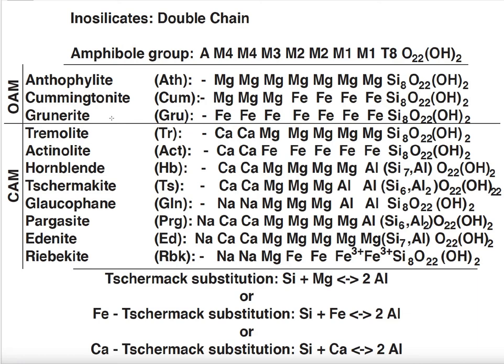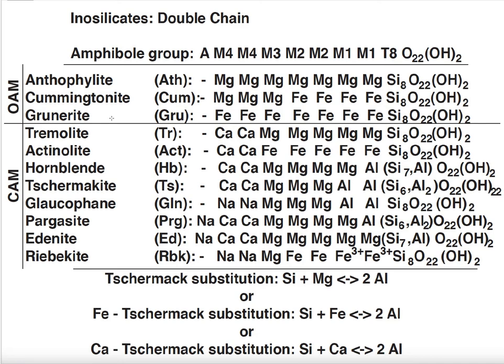Therefore, we have to remove 1 silica and 1 magnesium, we are removing 1 magnesium on the M1 space and replacing it with 1 aluminium, that is the Tschermak substitution, and to balance the sodium, that is the second aluminium in the tetrahedral, but you can also do it vice versa.